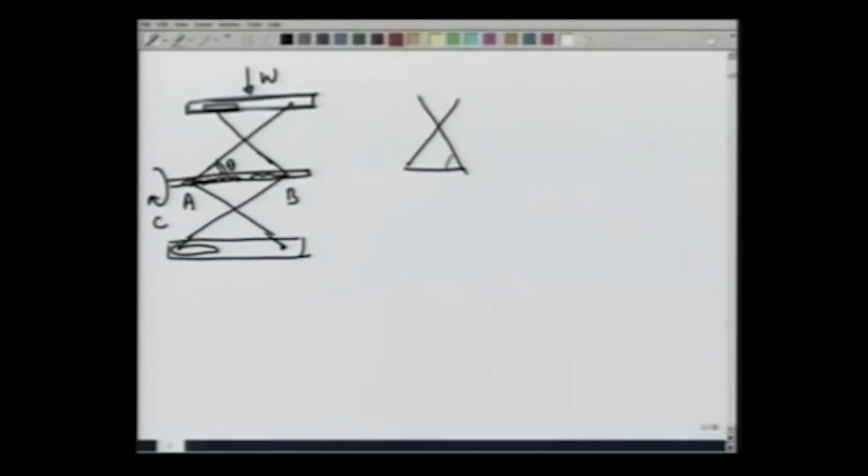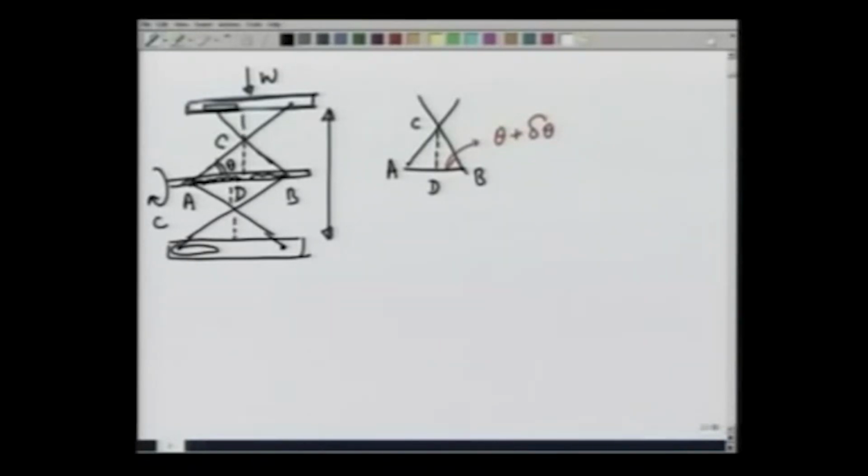Let us say this goes to theta plus delta theta, and therefore this length between, let's call this AB, and the top of the triangle C, and the perpendicular distance from C to AB, CD, increases. The total length would increase by 4 times the increase in CD, because there are 4 gaps like these.